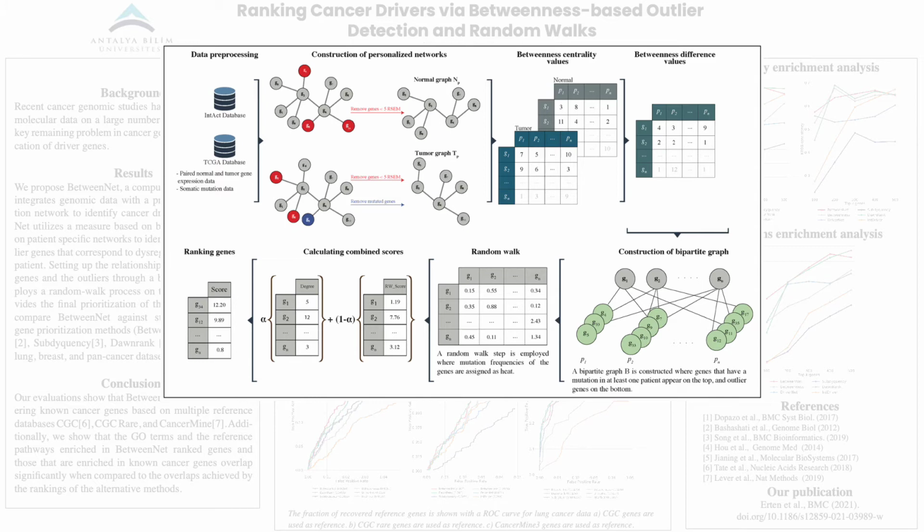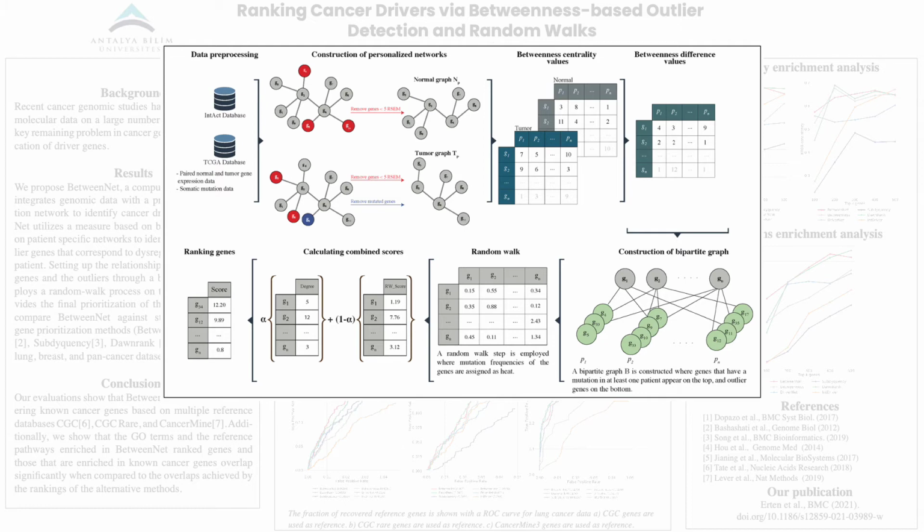Here the mutation frequencies of the genes are assigned as initial hit values to be diffused during the random walk. Now, to rank the mutated genes of the bipartite graph, we use the following formula. We have alpha multiplied by the degree of the mutated gene i, plus 1 minus alpha multiplied by the weight of the incoming edges for gene i, which corresponds to summing the corresponding row of the random walk edge weights obtained for gene i after convergence.